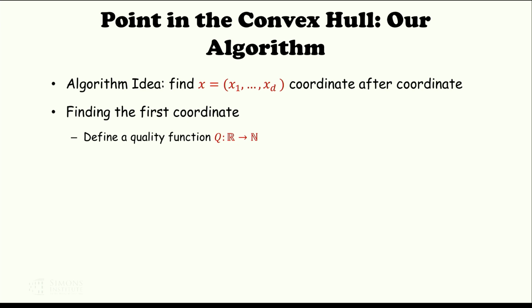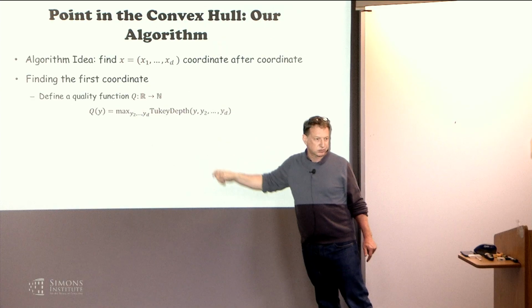We define a quality function Q from R to N. Its input is the first coordinate of the point, and the quality of y is the Tukey depth of the best extension of y to a point in R to the d. So we take the maximum over all points y2 to yd of the Tukey depth with y and the extension, the best extension possible for the point y.